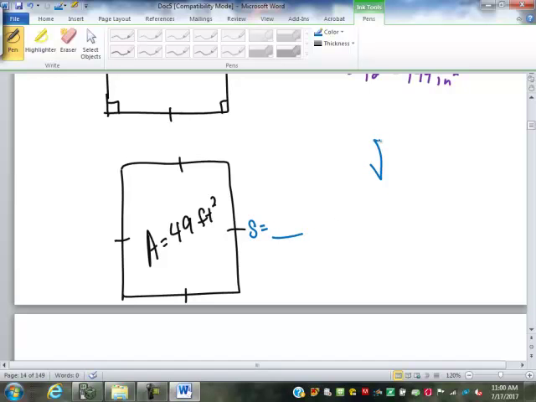Square root of 49. Perfect. The square root of 49, which is 7. So that side would be 7. What would the units be? Feet. Since that was square feet, this is just feet. Yes. Perfect. Any questions? Okay.